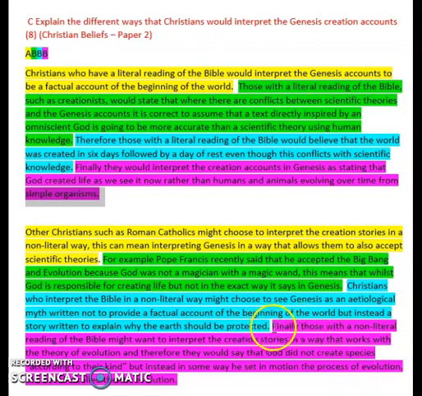And then I use the phrase finally, to show that I'm giving yet another view. Those with a non-literal reading of the Bible might want to interpret the creation stories to work with the theory of evolution. And so again, I'm kind of building on what I've said here.